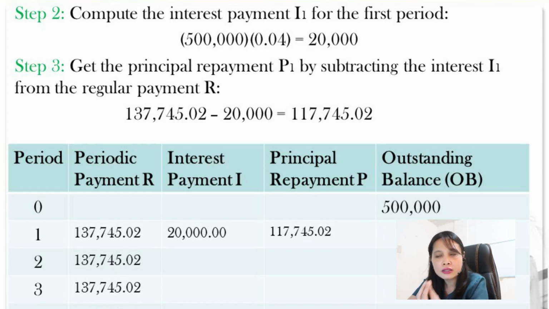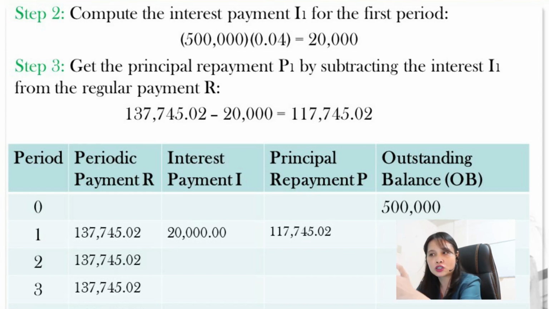So to determine the interest payment, 500,000 multiplied by your periodic rate, 0.04. So that will be your interest payment.